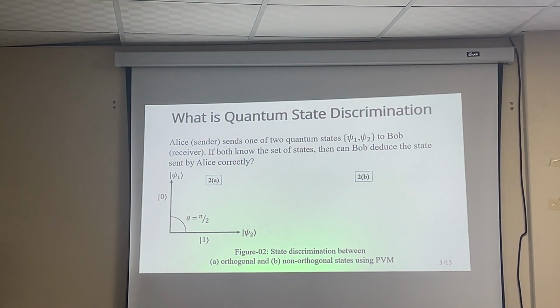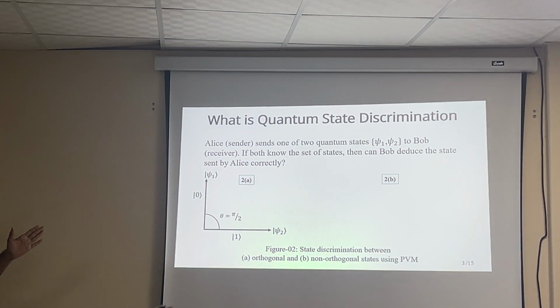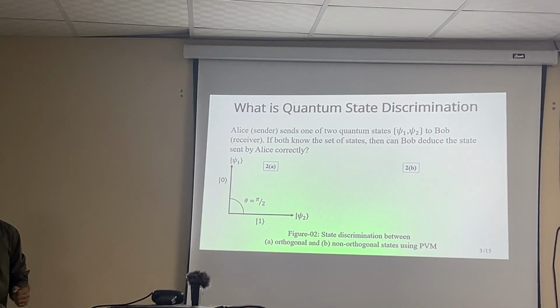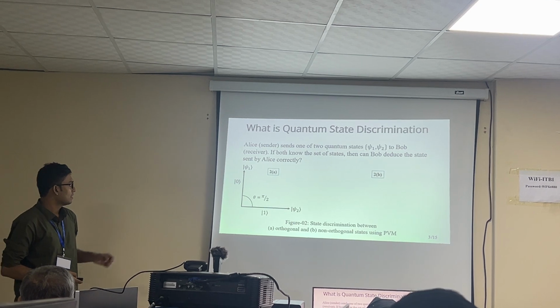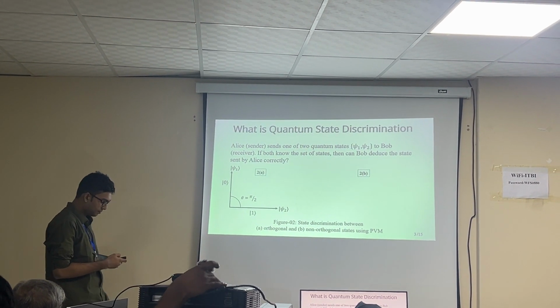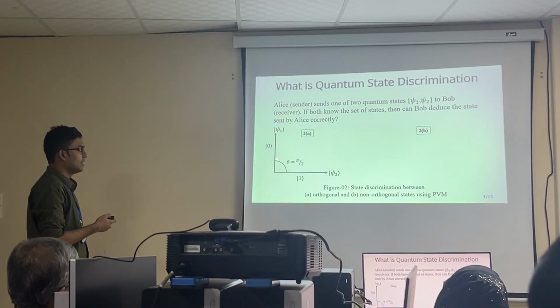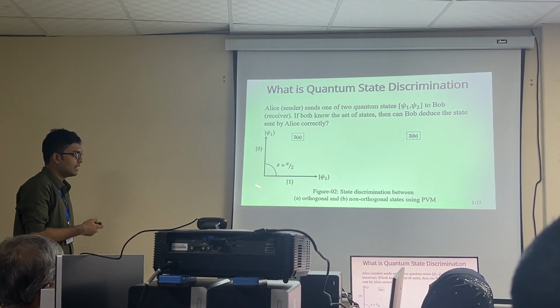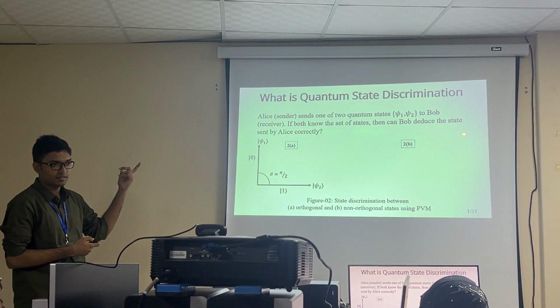In the first case, we consider the two states psi1 and psi2, and these are basically in the direction of the computational basis. Why is it significant? First of all, we have seen here there is this angle which is called theta, right? It is the overlapping angle between the states. In the Hilbert space, if the angle between them is pi by 2, we call them orthogonal states.